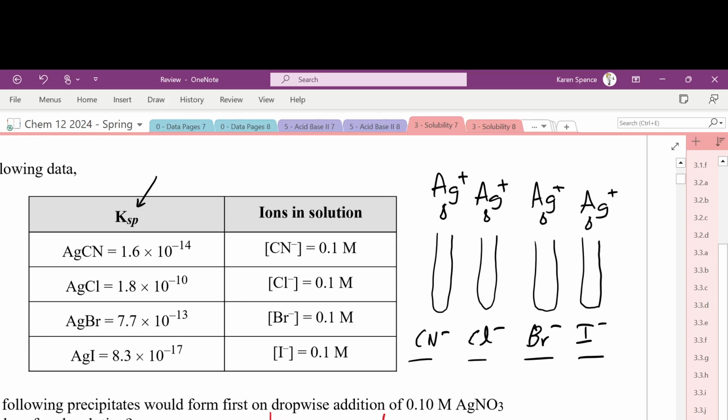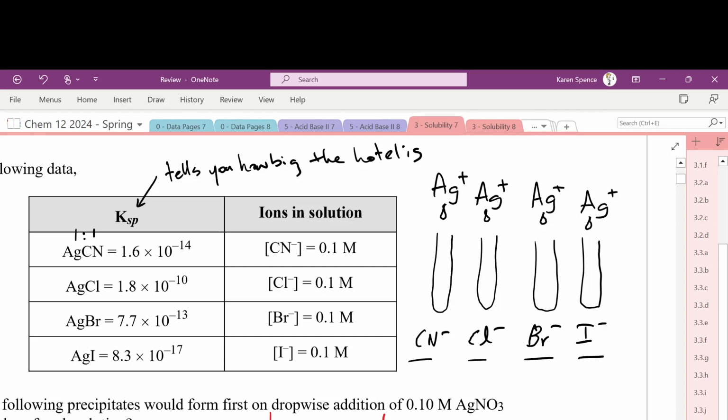KSP basically tells you how big the hotel is. The bigger the KSP, the bigger the hotel, at least as long as they are all 1-to-1 or all 1-to-2. They all have to be the same ratio. But these are all 1-to-1 salts.